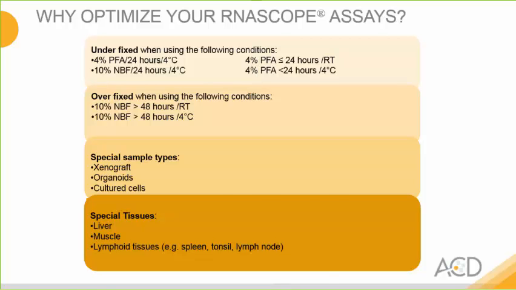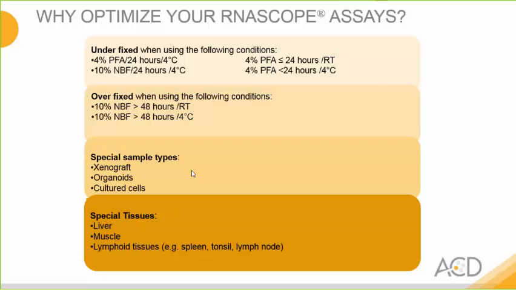So if samples are fixed at 4 degrees, it's considered underfixed. Also, the 4% PFA is pretty similar to NBF, except PFA is not very stable, especially when it's diluted, and especially when it's used at room temp. So if you have fixed in PFA instead of NBF, this will be considered underfixed as well. And you can obviously overfix your tissue as well.